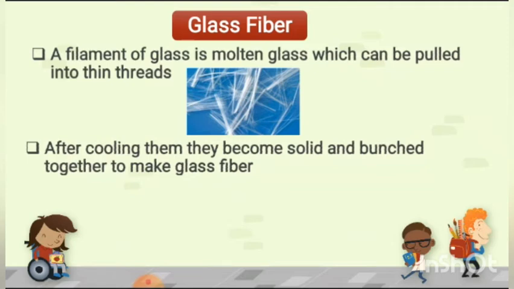So they are cooled and then become solid, and you know that when things are solid, they can't change their shape. So after melting, the glass is in a thread-like structure, which is called glass fiber.